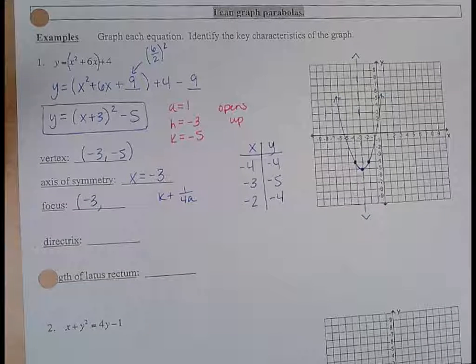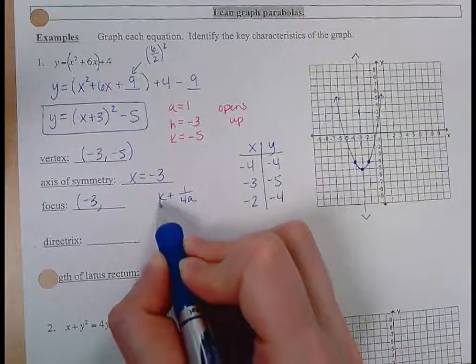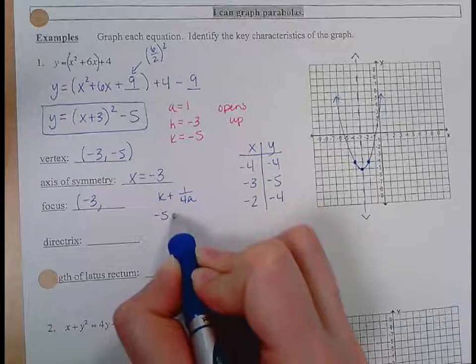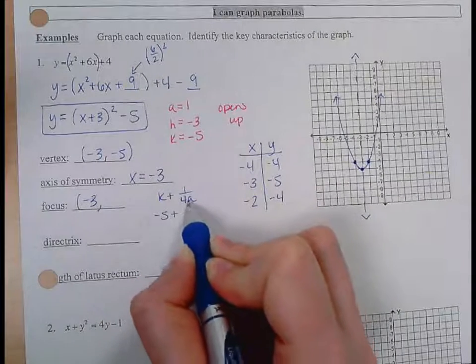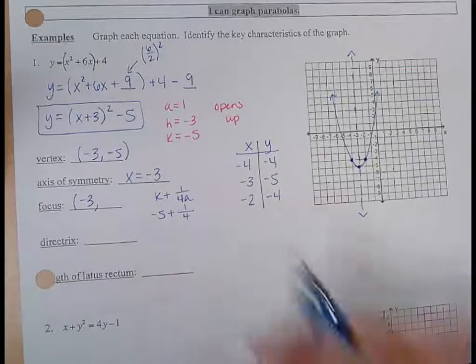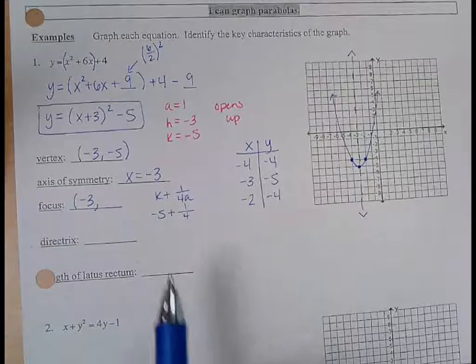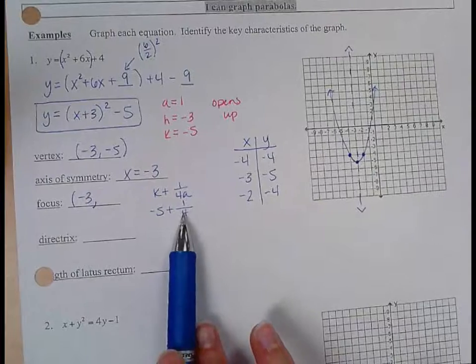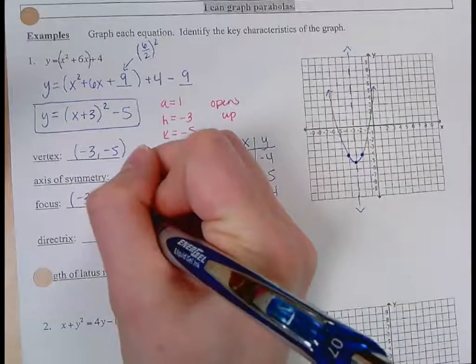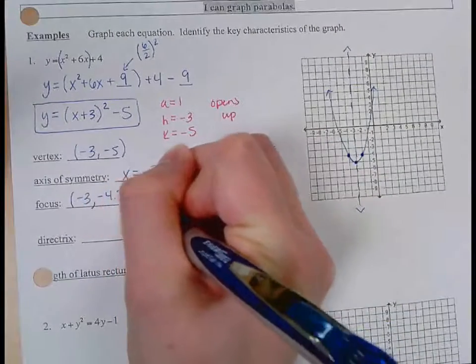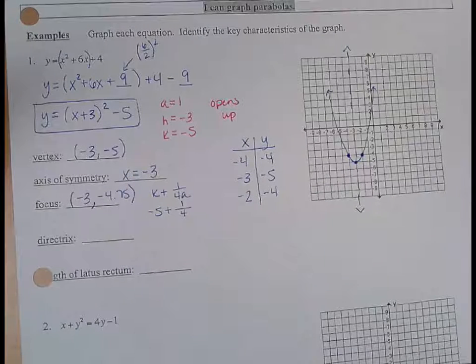So it is -5 plus 1 over 4 times a, where a is 4. So it would be -5 plus 1/4. If you type that into your calculator, you can give the answer as a decimal as long as it's a terminating decimal. So this would be -5 plus 0.25. So -4.75 is what that would end up being.